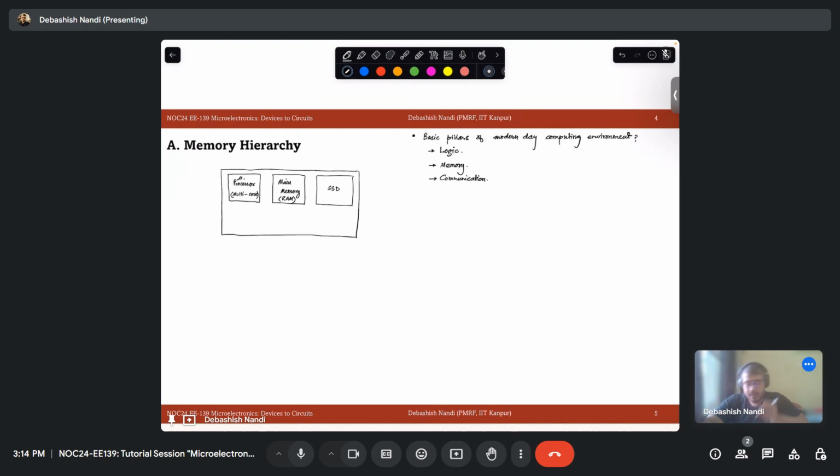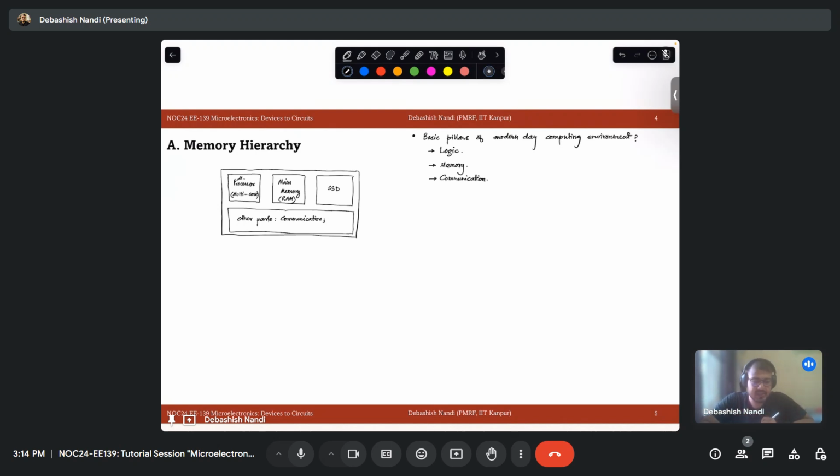And the other part of the stuff, I mention it as other parts. Your communication has Wi-Fi, Bluetooth, 5G, 4G, GSM modules, right?